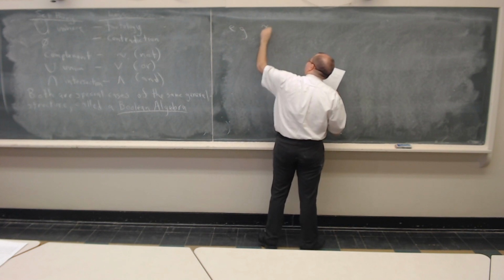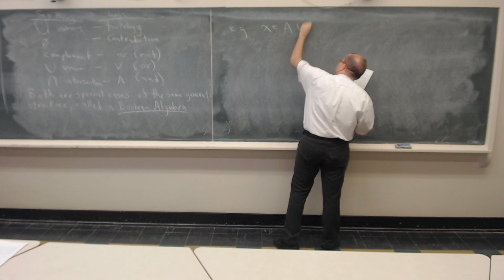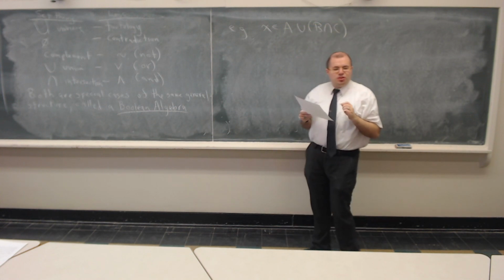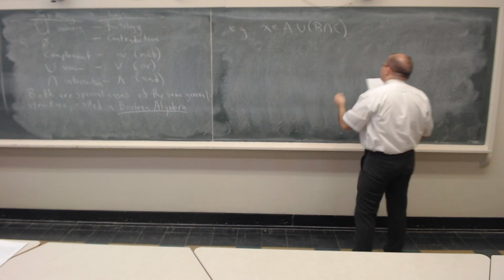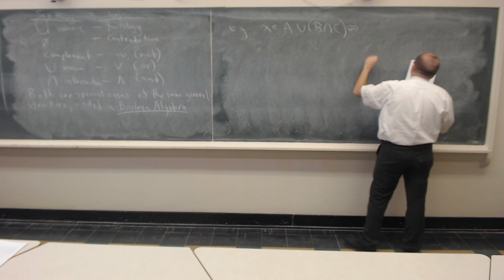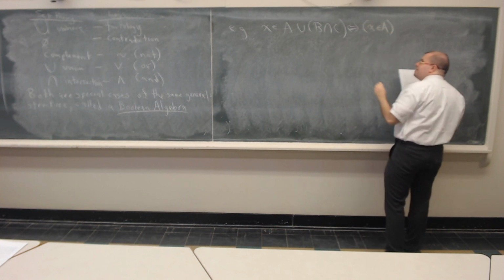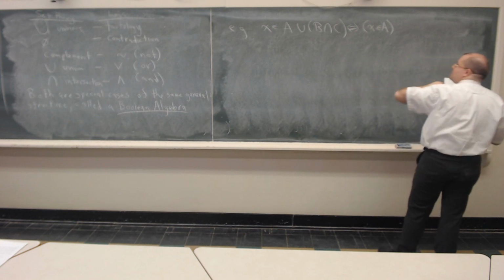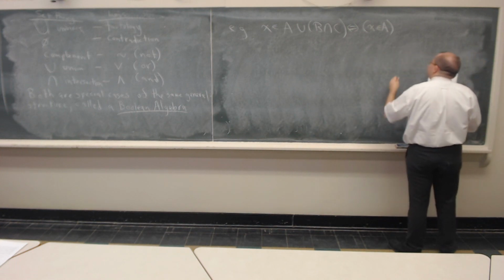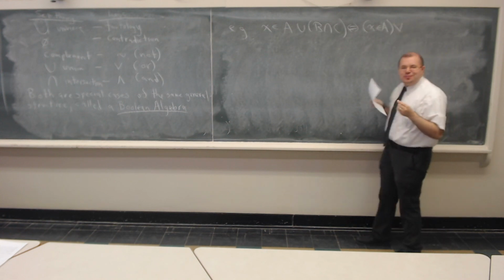If I say X is in the set A union B intersection C, say if I knew that this was true, I can also rewrite this in a different way. This is true if and only if X is in A, right? That's that part right there. So I'm just going to put X in wherever it needs to be. Remember, I told you union is kind of like or, right?